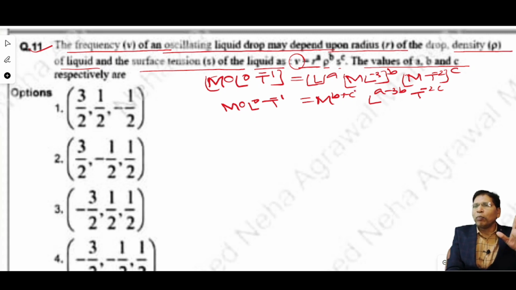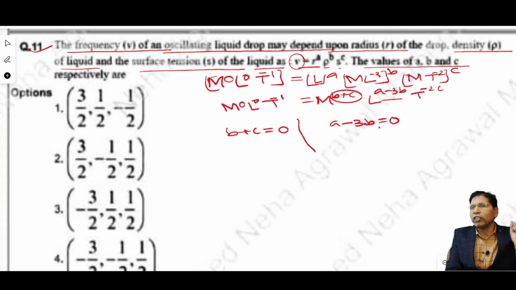Now power of M equals power of M. So B plus C equals 0. Okay, now power of L equals power of L. So A minus 3B equals 0. And power of T, minus 2C equals minus 1. So C equals half.